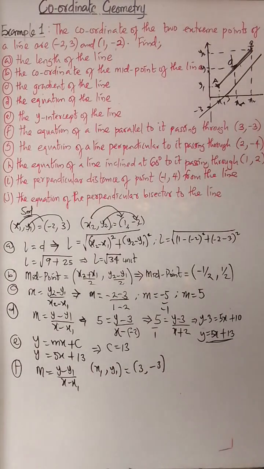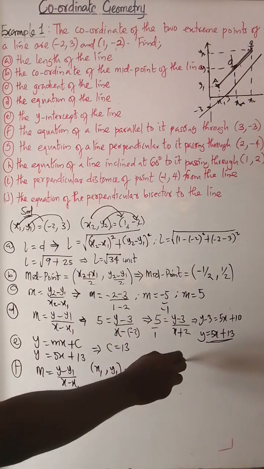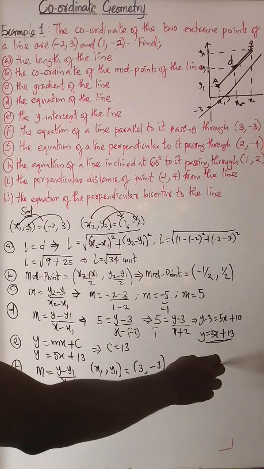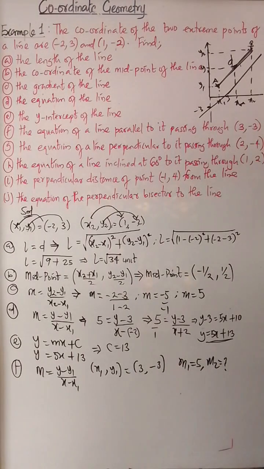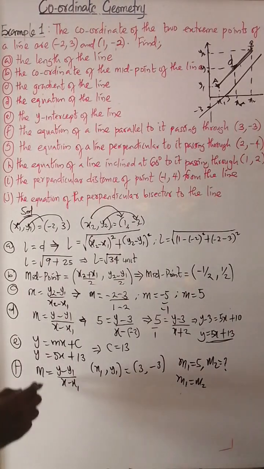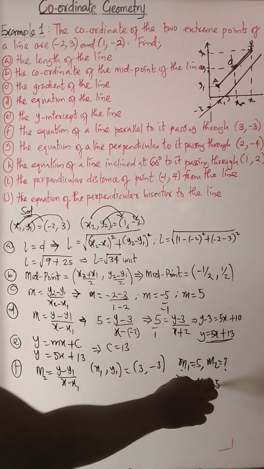What was the gradient of the initial line, this first line AB? m1. m1 is 5. What is now the gradient of the second line? m2. Since we are told that they are parallel, we use parallelism. When two lines are parallel, they have equal gradients. So the gradient of the second line equals the gradient of the first line, which is 5.